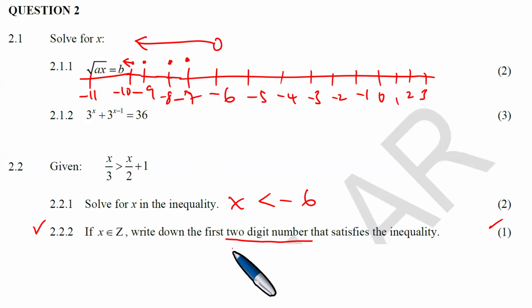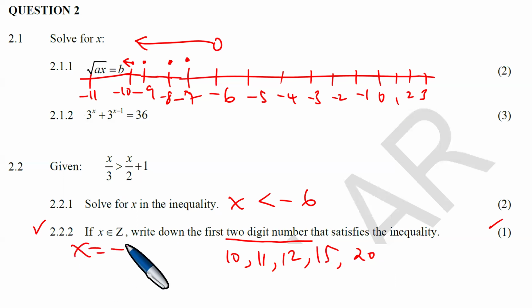Two-digit numbers are numbers of 2 digits, like 10, 11, 12, 15, 20. So which is the first two-digit number that satisfies? Negative 10, and that's the answer.